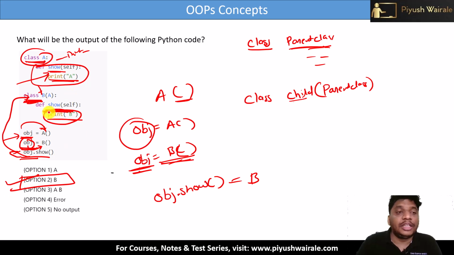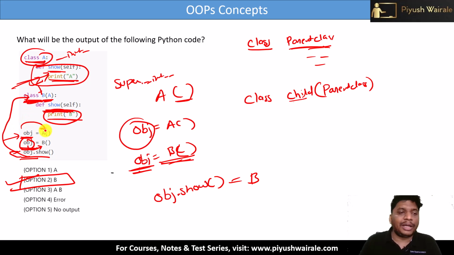Here A will not get printed because we have just defined the parent and child class, but we have not defined the super function here. If we initialize with the init constructor and specify super dot underscore underscore init underscore underscore like that, then automatically the properties of this class will also become part of class B when we create an object belonging to that particular class.